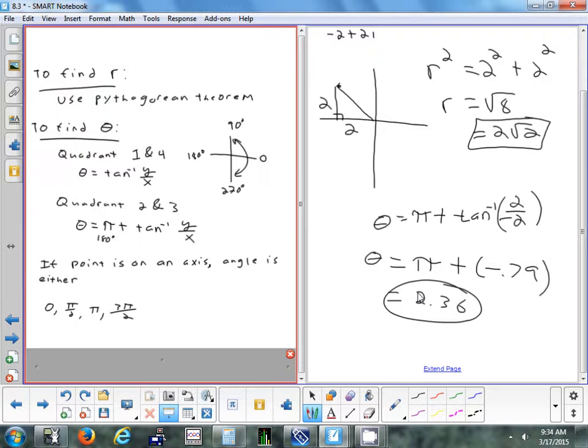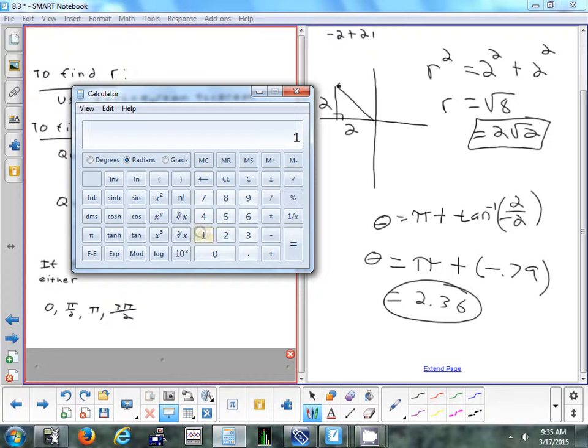If you wanted it exact, the way I would do it is do this in degrees and you'll get a nice answer. If you did inverse tangent of negative 1 in degrees, you're going to get negative 45. And then if I add 180 to it, I can see very easily the angle is 135. Or if you did it in radians, that's 3 pi over 4.